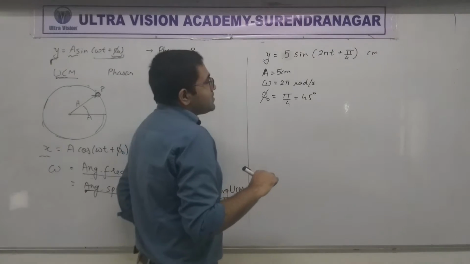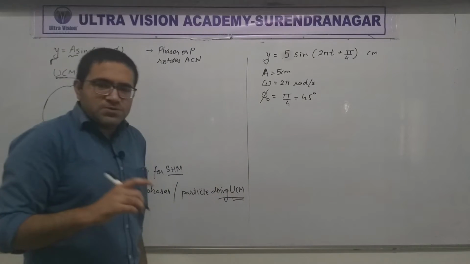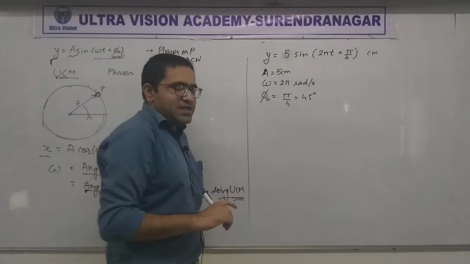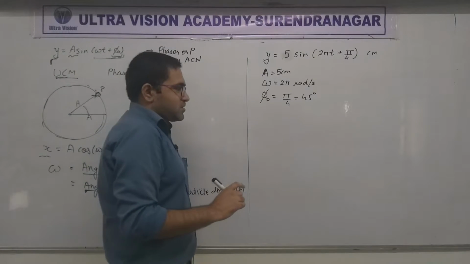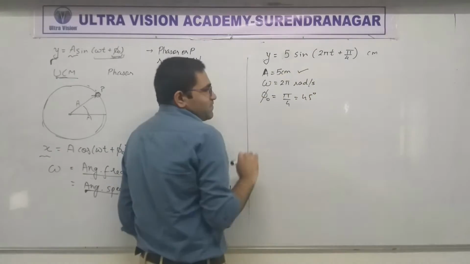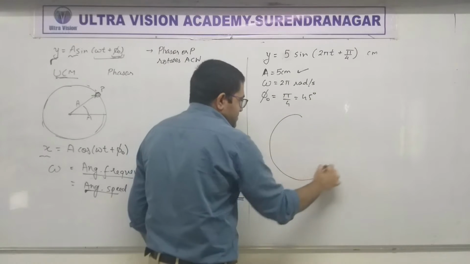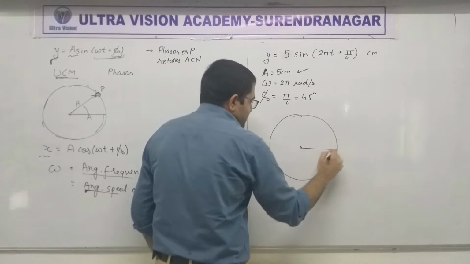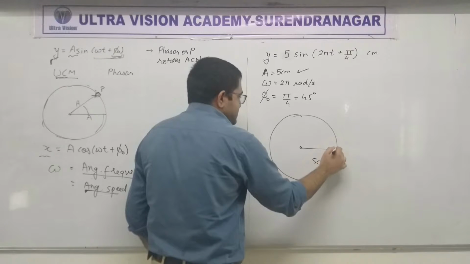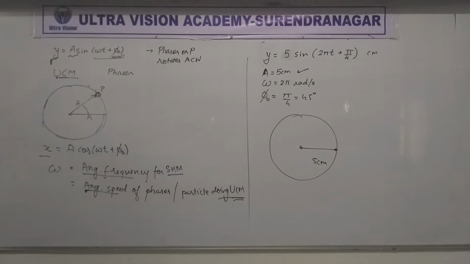Now using this equation, we can make the circle or the phasor. First of all, the amplitude or magnitude of the phasor, or the radius of the circle. How much should the radius of the circle be? 5 centimeters. Is that clear?